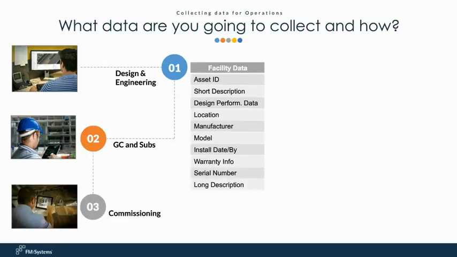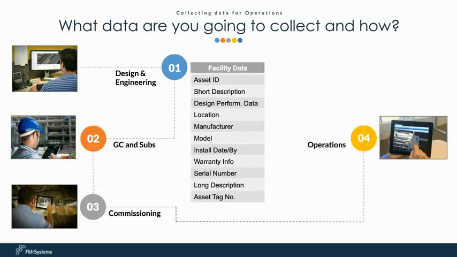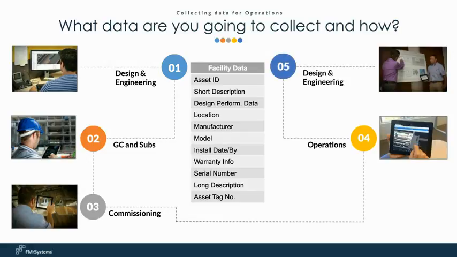And during commissioning, we may be doing things such as getting the real serial number, putting on an asset tag, the long description, and then carrying all of that into day-to-day operation. Now, if you're maintaining this model live and bidirectionally throughout the life cycle of this facility, when it comes time for renovations and retrofit and we start that process all over again, you're going to be in much better shape with your project team. Being able to provide them a model that's been well maintained and is in good shape is a really great place for them to start in terms of the next process of managing that facility.